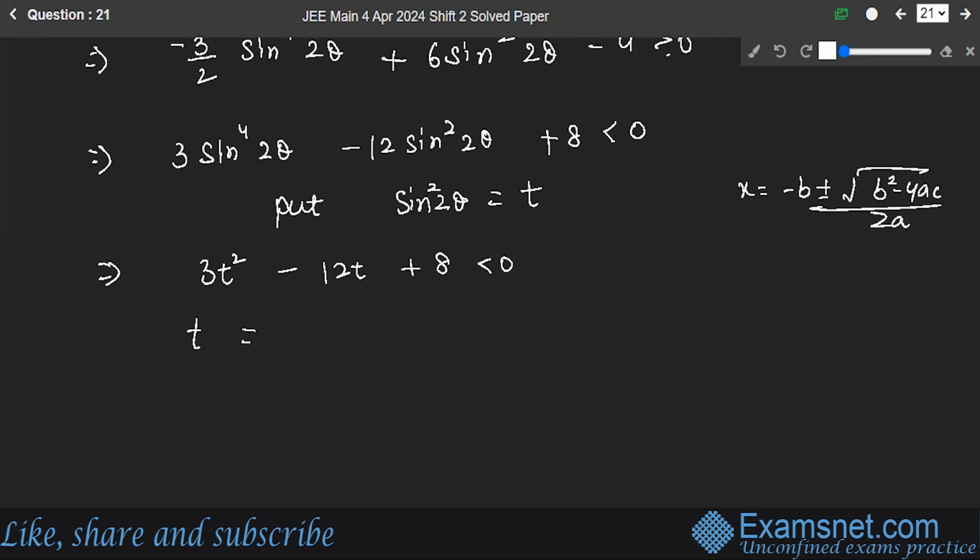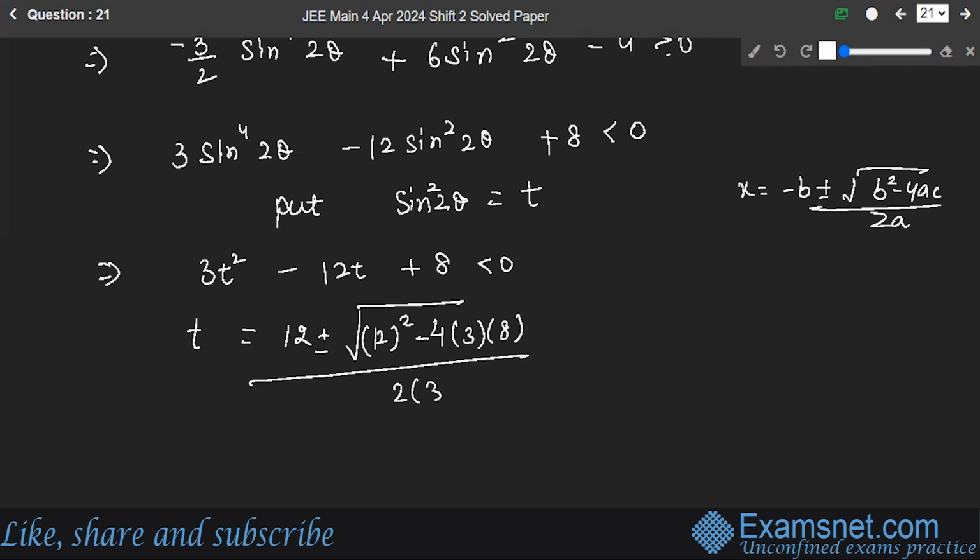So this is 12 plus minus root of b² minus 4ac upon 2a. Correct? So the two values will be 12 plus minus root of 144 minus 12 8s are 96, upon 6.